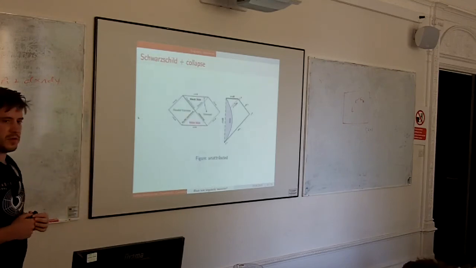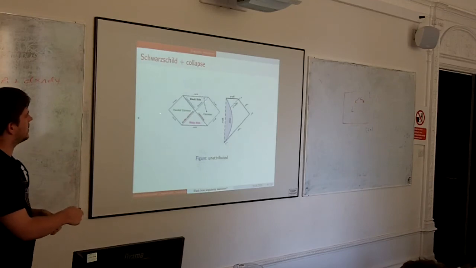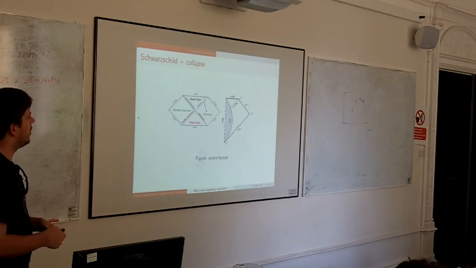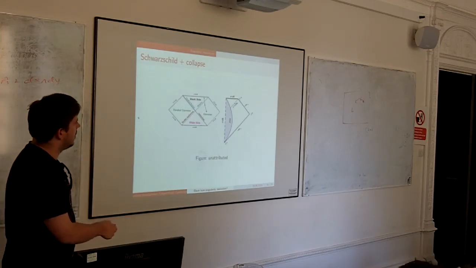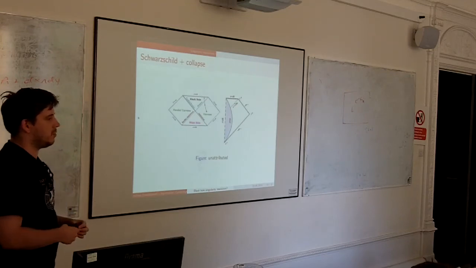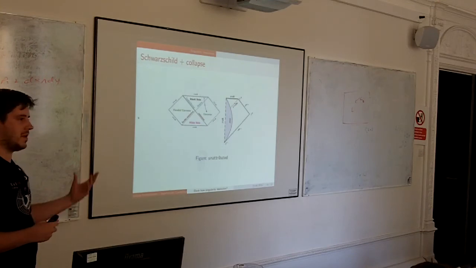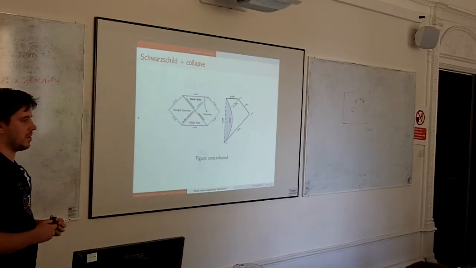So just to refresh your memory, this is what those spacetimes look like. That's the maximally extended Schwarzschild spacetime, and this is a portion of the maximally extended Schwarzschild spacetime, which is supposed to represent the perhaps not realistic, but spherically symmetric case of gravitational collapse.